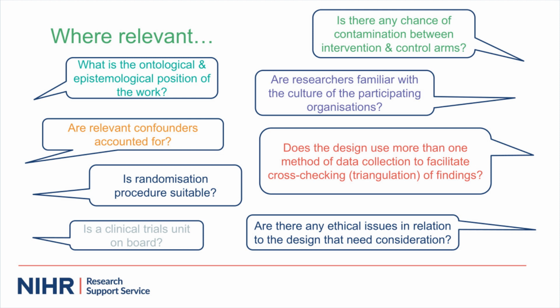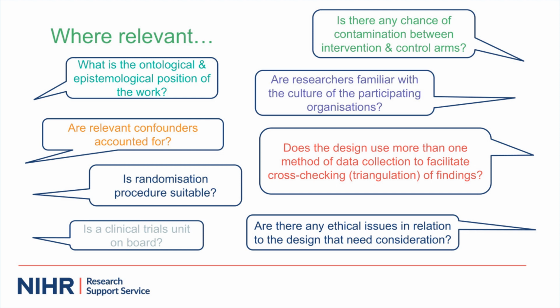Because it may mean that rather than an individual randomized control trial, if that was your chosen approach, you might have to have a cluster trial or another type of design, a natural experiment using wards from different hospitals. The latter, of course, are very complex because confounding is a massive issue.